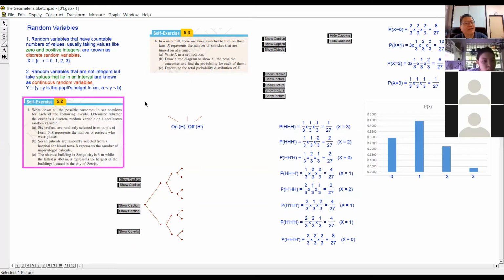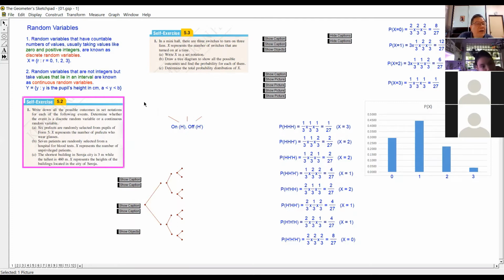Exercise 5.2. Write down all the possible outcomes in set notation for each of the following events. Determine whether the event is a discrete random variable or a continuous random variable. A. 6 prefects are randomly selected from pupils of Form 5. X represents the number of prefects who wear glasses.